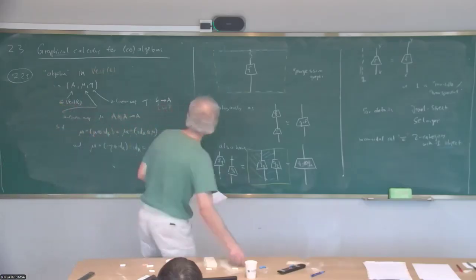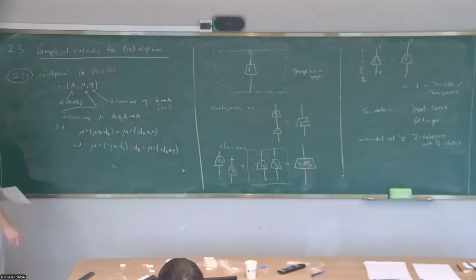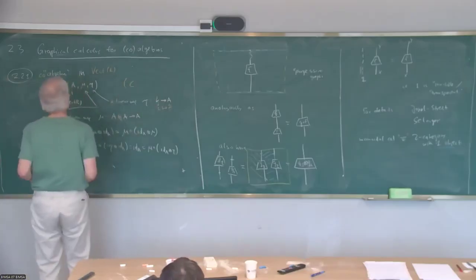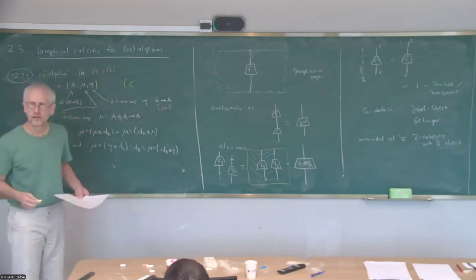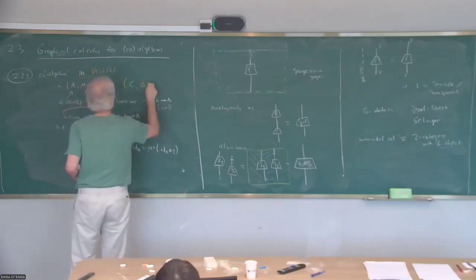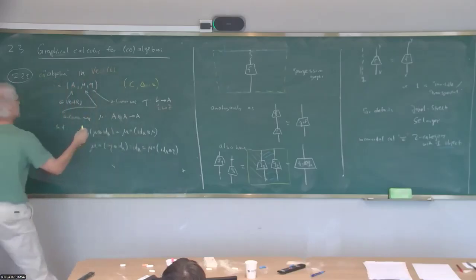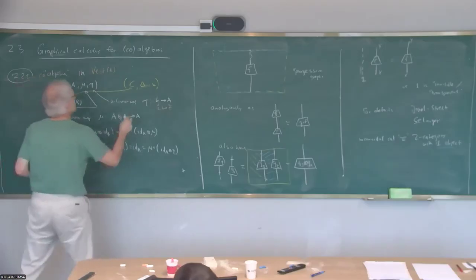And then we have the definition of a co-algebra in Vect. This is a triple, let's call it C, delta, epsilon, where C is again a vector space.